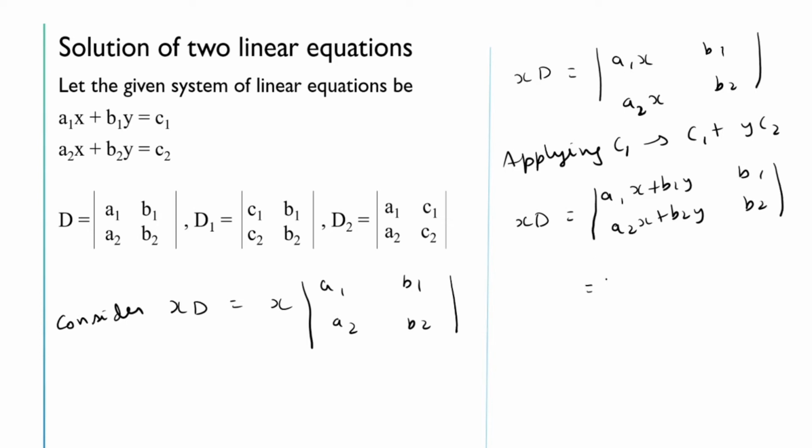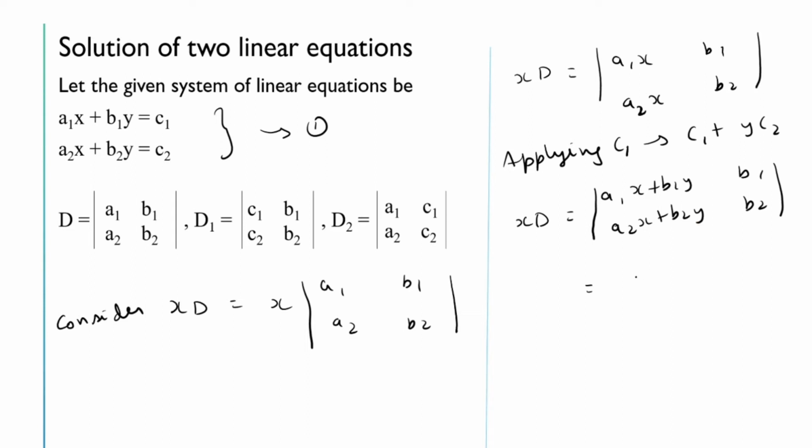If we take these two equations as equation 1, from here we can see a1x plus b1y is equal to c1. So in place of a1x plus b1y we can substitute c1, and in place of a2x plus b2y we can substitute c2.